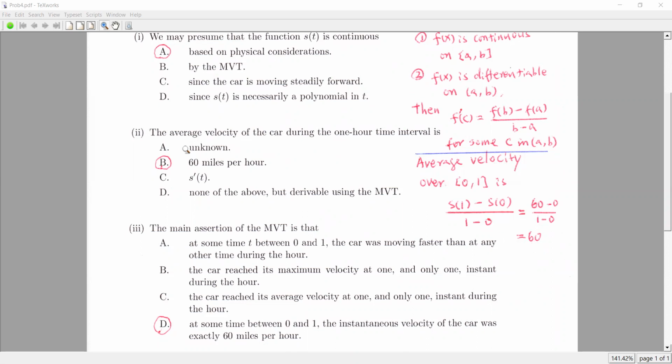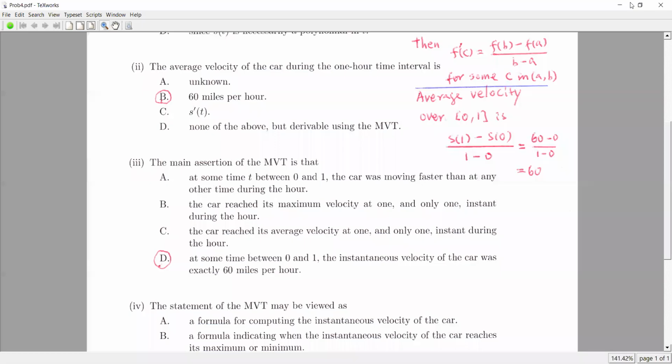So the choice is B, 60 miles per hour. Part 3. The main assertion of the mean value theorem is D. At some time between 0 and 1, the instantaneous velocity of the car was exactly 60 miles per hour.